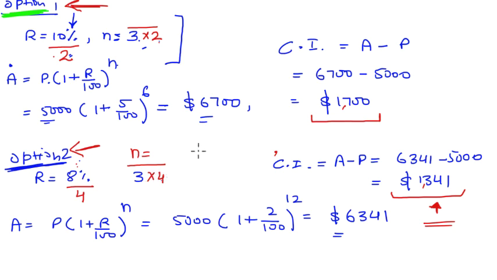And the same thing we did for option 2 when we were compounding quarterly. So we divided the annual rate by 4, which is the number of quarters in 1 year, and used the same factor to multiply with the time period to obtain the number of compounding periods. Okay, so this is the key point. Once you solve this one, the rest is just application of these things to the formula and calculating the numbers.